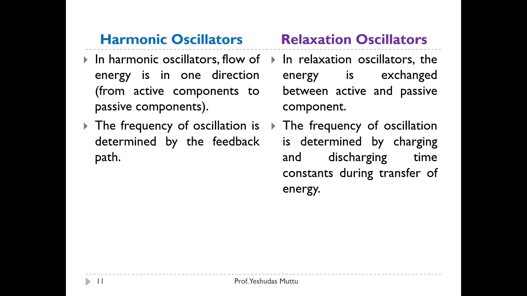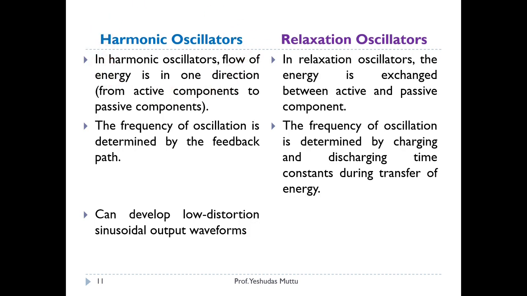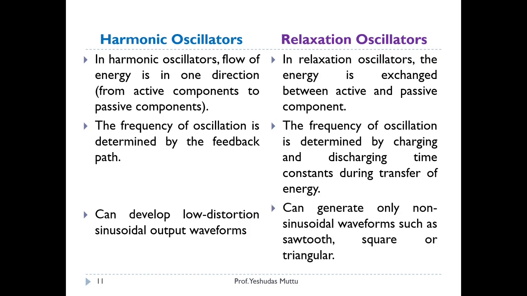During the energy transfer, the frequency of oscillation is determined by the charging and discharging time constants. Harmonic oscillators generate signals with low distortion and a sinusoidal output. Here it produces non-sinusoidal outputs, for example sawtooth, square and triangular waveforms.